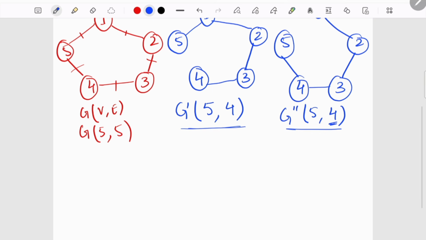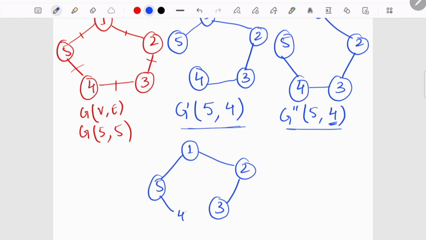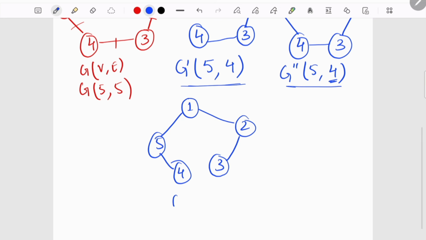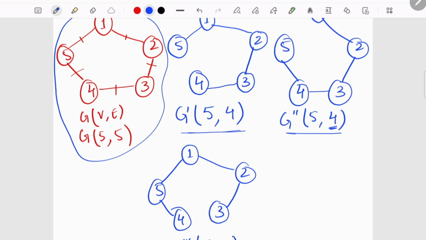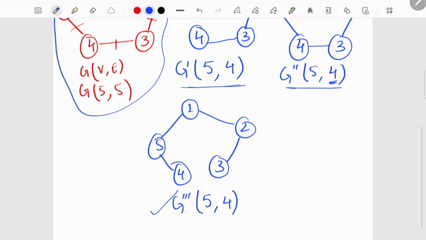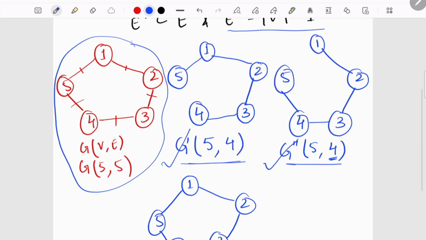Let's say I am making another spanning tree, and let us represent this by G'''. This also has number of vertices 5 and number of edges 4. So is this also a spanning tree of this particular graph? Yes, this is also a spanning tree of the given graph G.